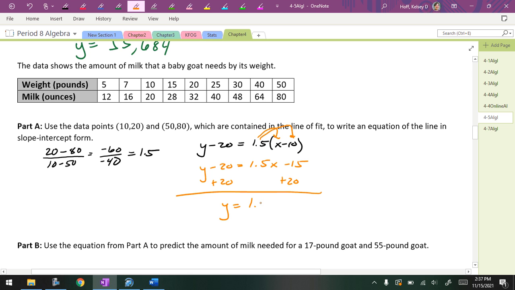Geez, this one's way nicer than the last one. Make sure you put y over x.